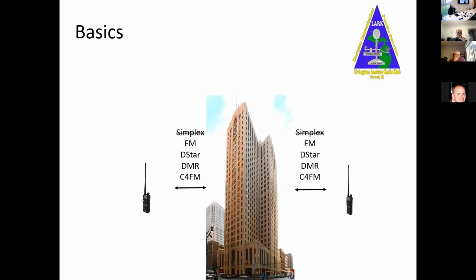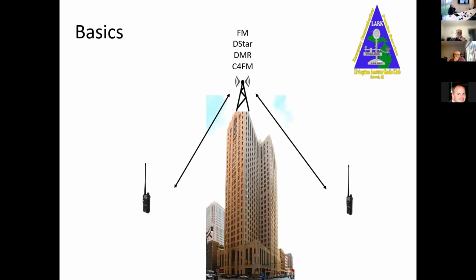And then you have the inability to talk through buildings, so we have repeaters. Now, repeaters nowadays are mostly FM. DMR, D-Star, and C4FM are just a protocol on top of FM, so any FM repeater can repeat any of these protocols. You have to understand that.